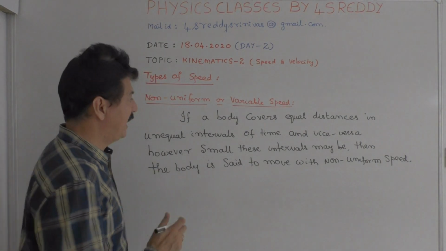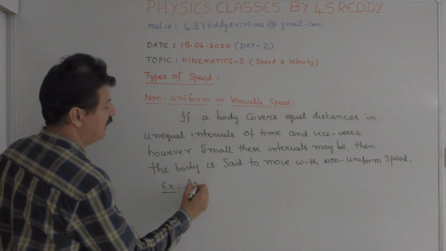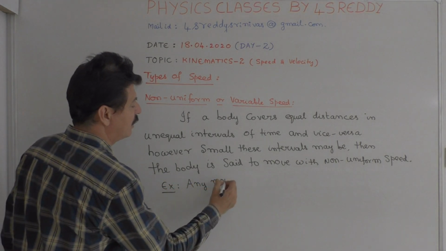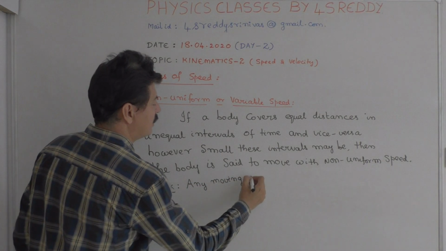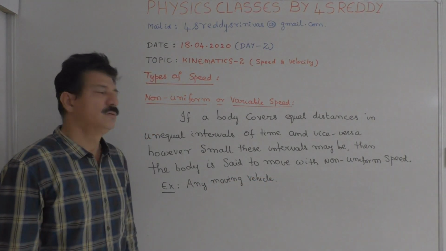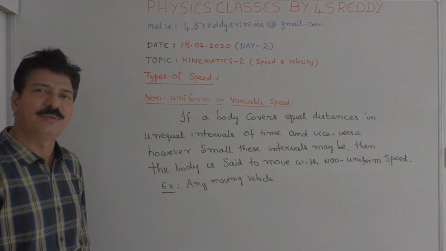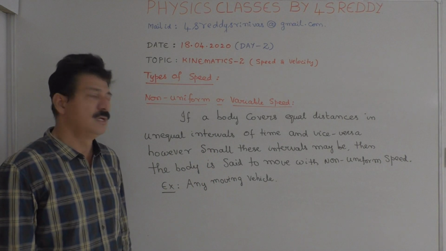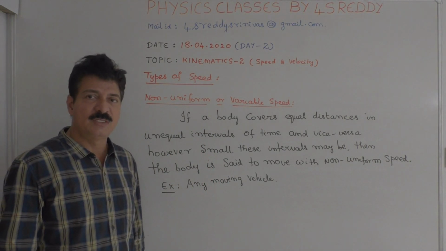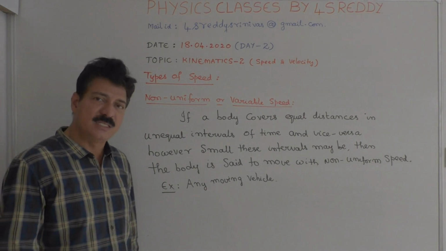Can you give an example for this non-uniform speed? Generally, any moving vehicle possesses non-uniform or variable speed. If it is uniform, the distances and time intervals must be the same.